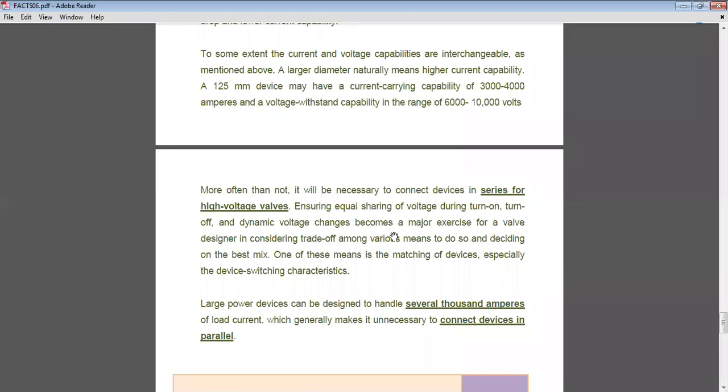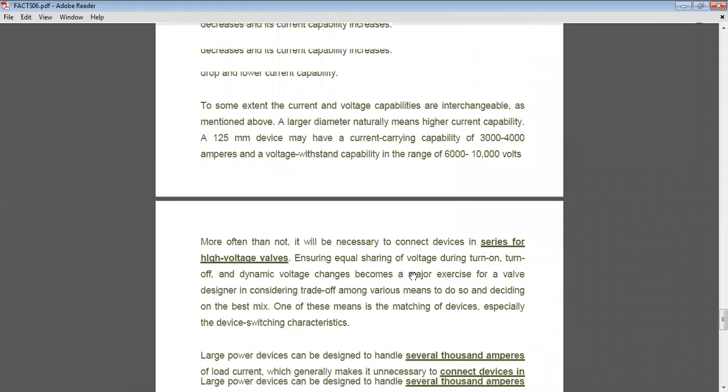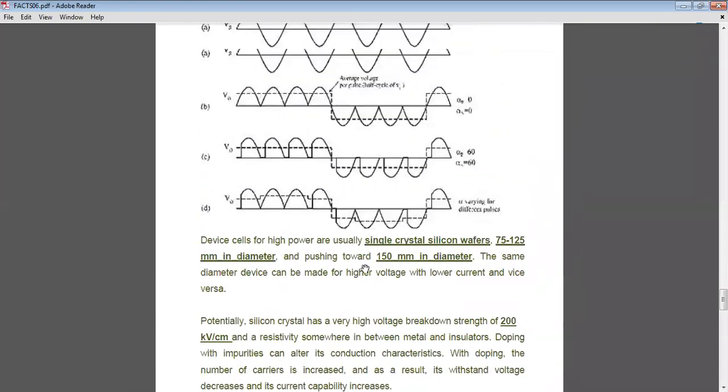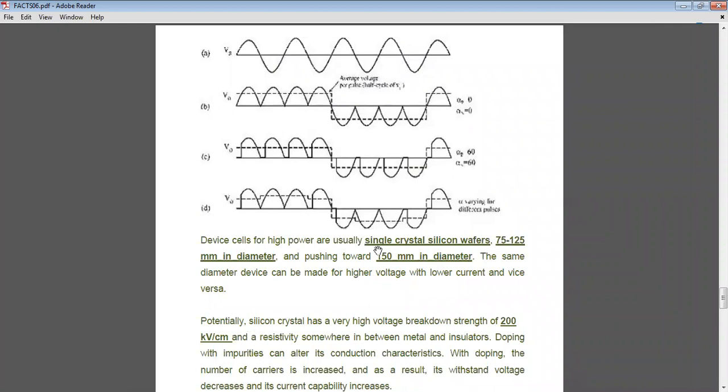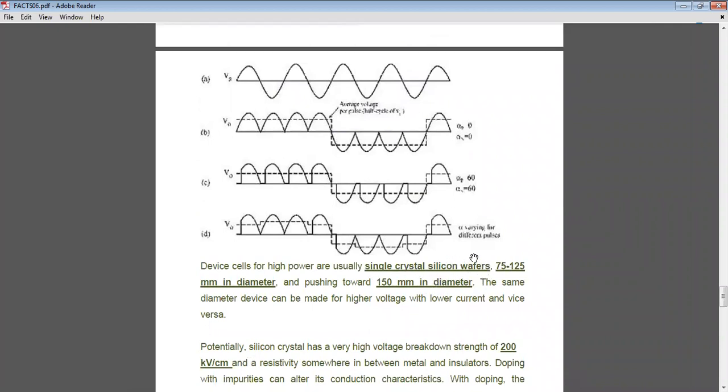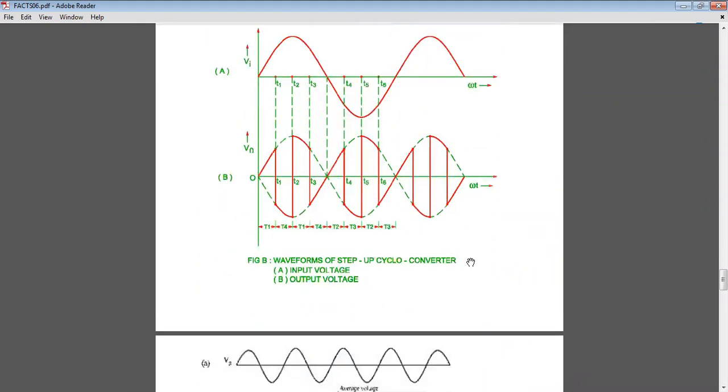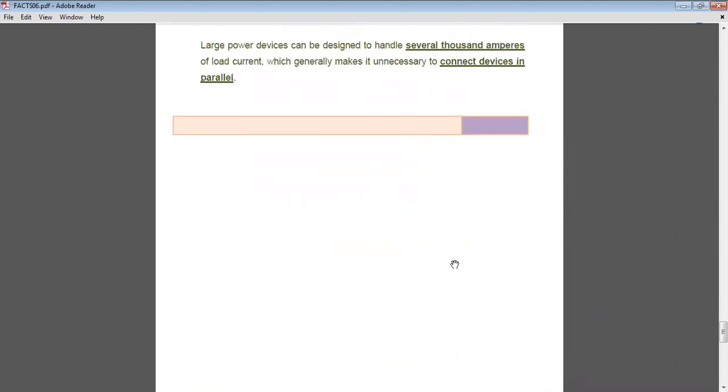So to get higher rating values, you connect either in series or in parallel. Remember, the VI ratings depend mainly on the crystalline silicon wafers, and from this they manufacture.